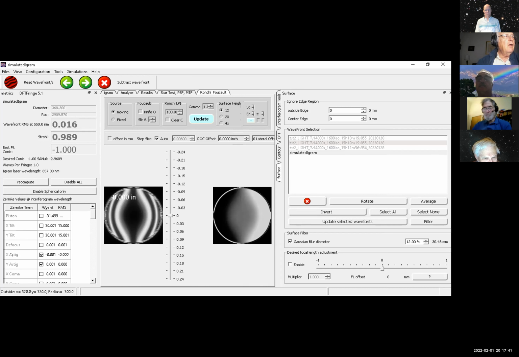Now we take a look at our Zernike terms, which are a bunch of functions. They're orthogonal functions, which means that each one of these is a different type of function and they all add up. They don't affect the other ones at all mathematically. You notice there's a little bit of a number here.